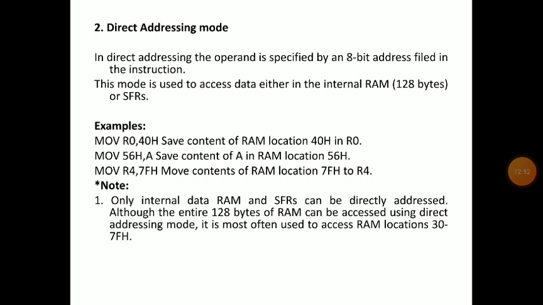So in the instruction we are mentioning only the address, not the data, but we are mentioning the address in which we have the required data. Okay, that is direct addressing mode.